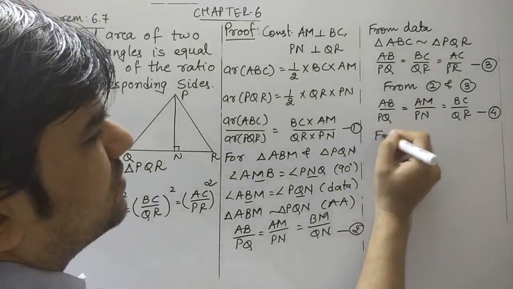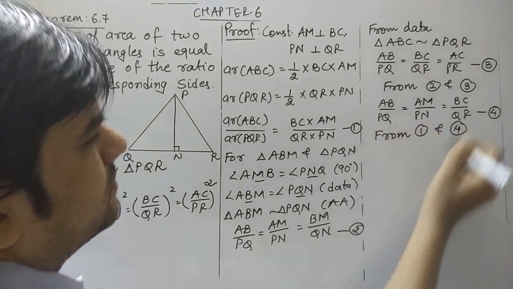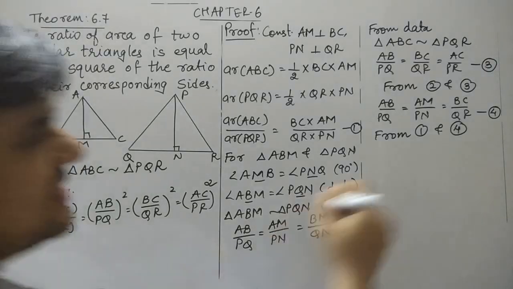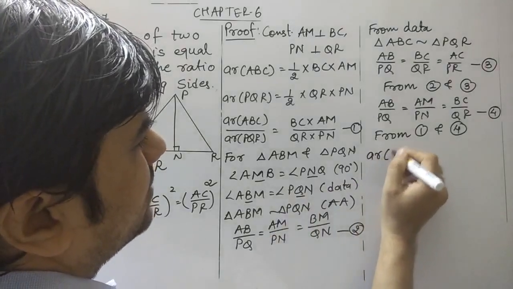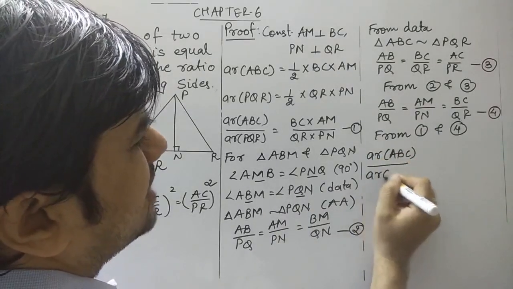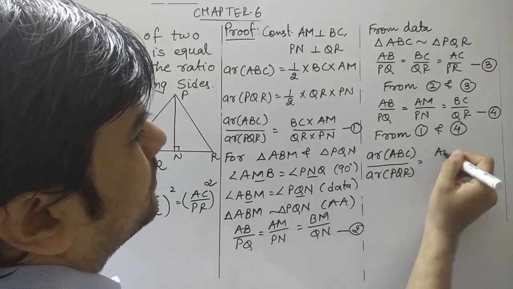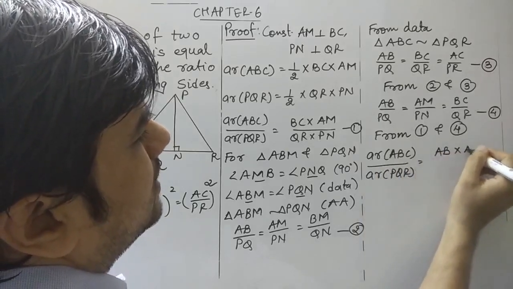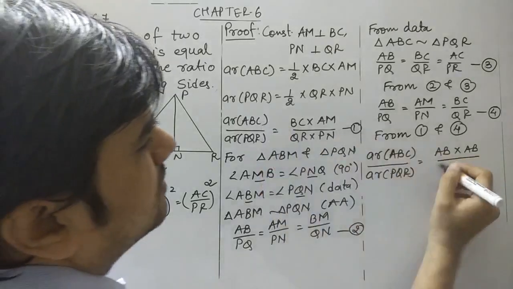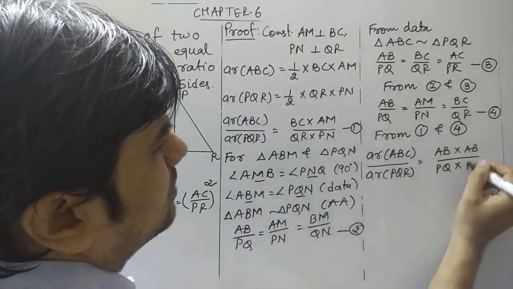Now from equation 1 and equation 4, we can say that area of ABC upon area of PQR is equal to AB into AB, because this can be written as AB upon PQ and this can be written as AB upon PQ.